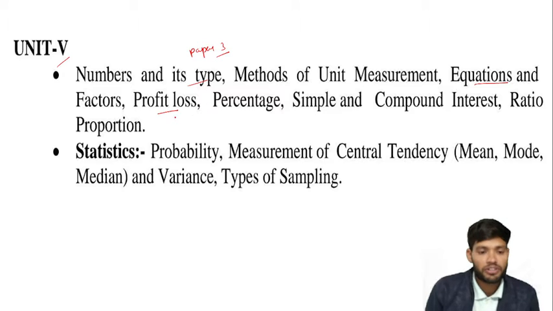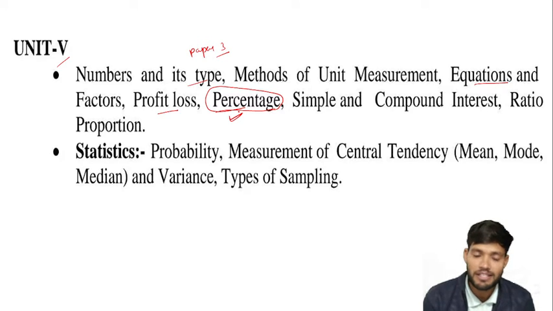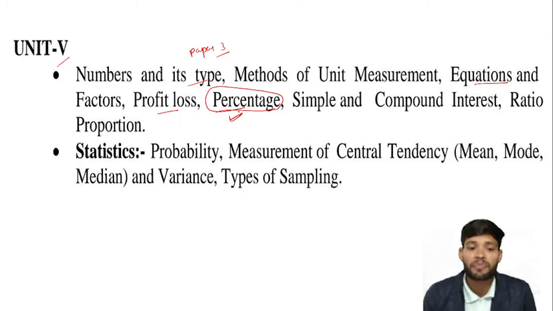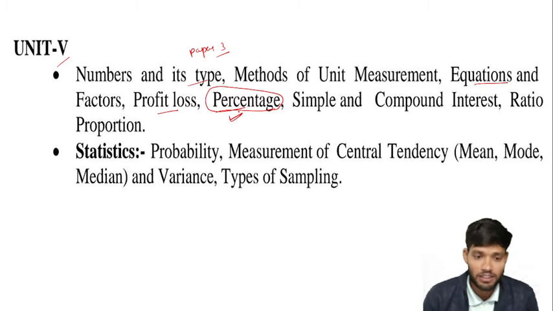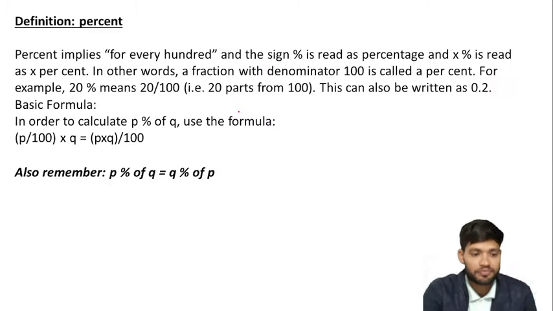Today we will discuss percentage: how the question will be asked in the examination, how we will solve them, etc. All the topics and points we will cover in this lecture. So take a pen and notebook and continue to watch the lecture.